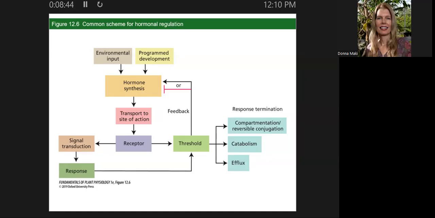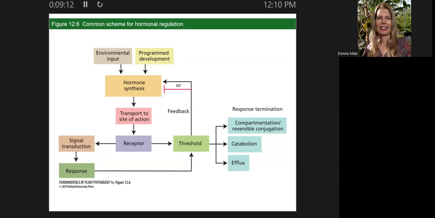So it's a developmental signal. And then you get hormone synthesis. Often they are transported, but sometimes they can act locally. And then they have to find their appropriate receptor. So again, it's the same idea where they have a receptor to dock into. And then that can lead to a signal transduction scheme where ultimately at the level of the DNA, you get shifting in gene expression going on.